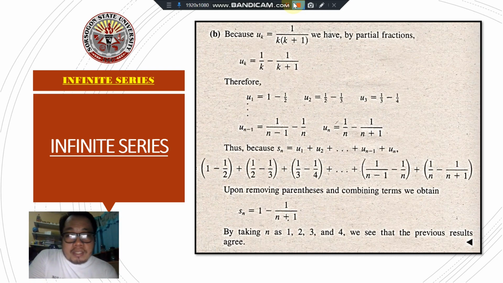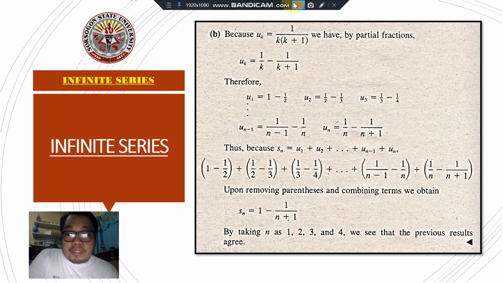So we just replace u sub 1 with 1 minus 1 half as stated a while ago, plus 1 half minus 1/3 up to 1 over n minus 1 over n plus 1, which is u sub n. Now, upon removing parentheses and combining terms, we obtain s sub n equal to 1 minus 1 over n plus 1.